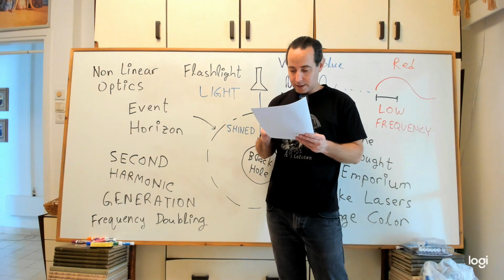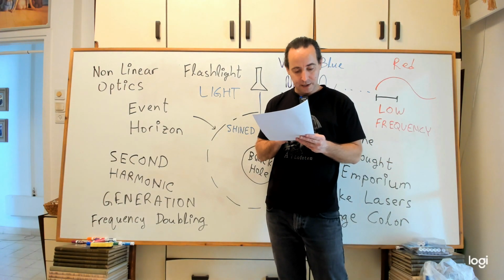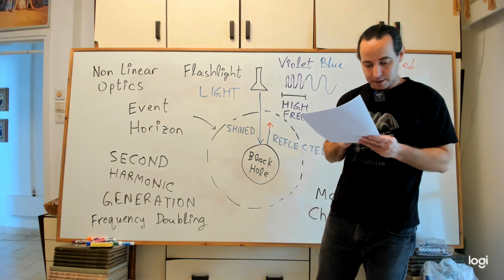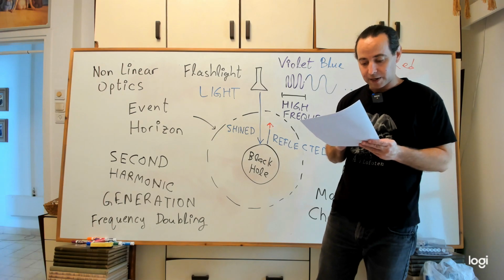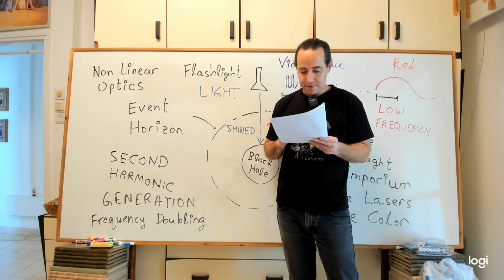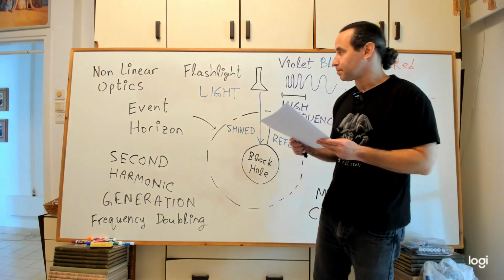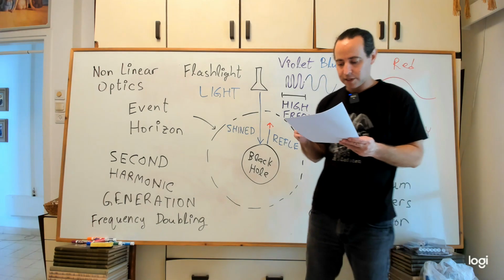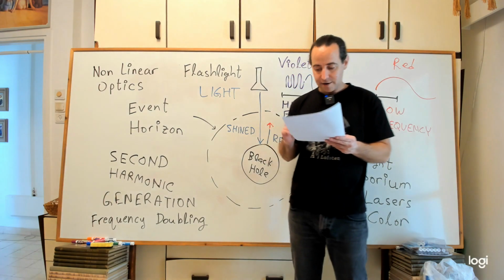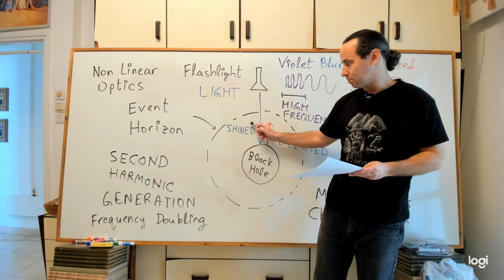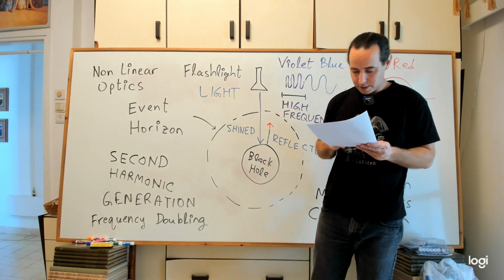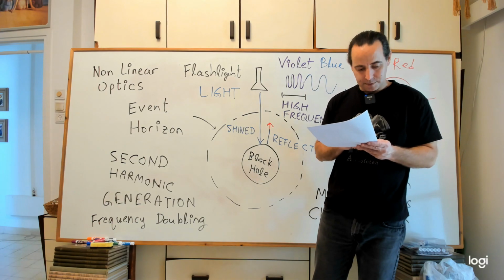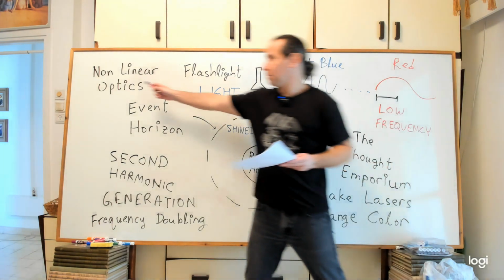Values of atomic electric fields, typically 10 to the 8th volts per meter, such as those provided by lasers. Above the Schwinger limit, I'm reading and then I will write Schwinger limit. Above the Schwinger limit, the vacuum itself, okay, the vacuum, here is a vacuum, the vacuum itself, the space, is expected to become nonlinear.